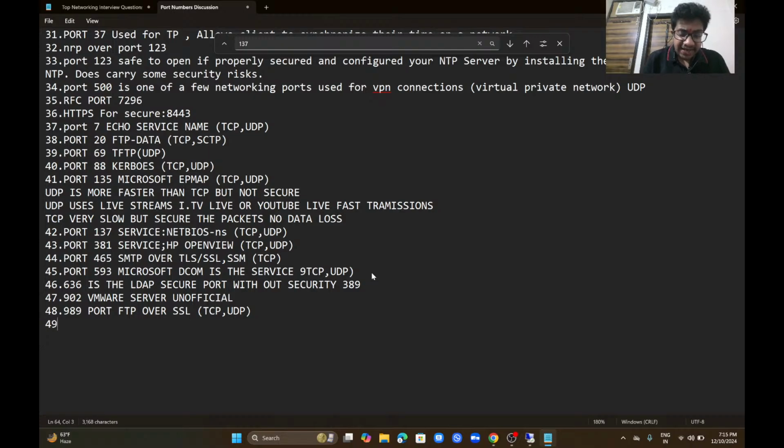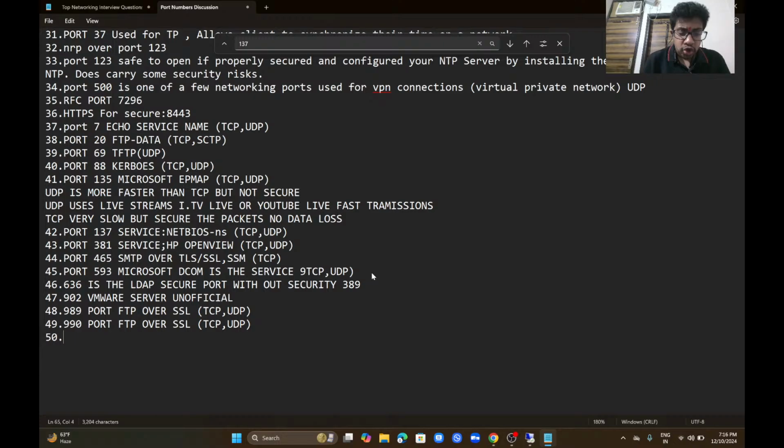And 990 is the port, 990, FTP over SSL, and this also uses TCP comma UDP.